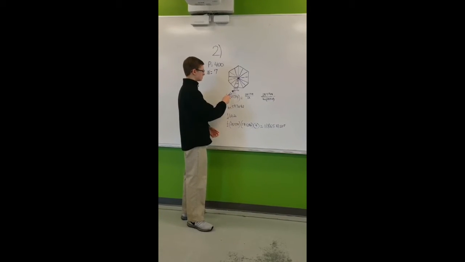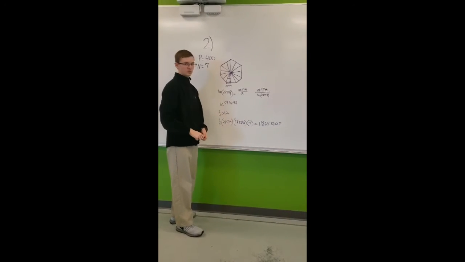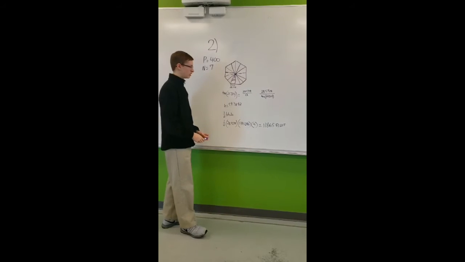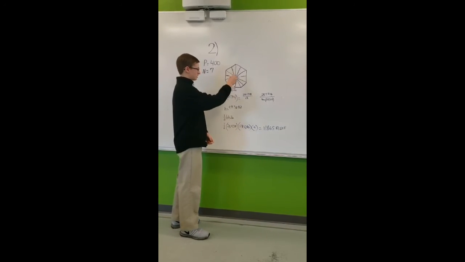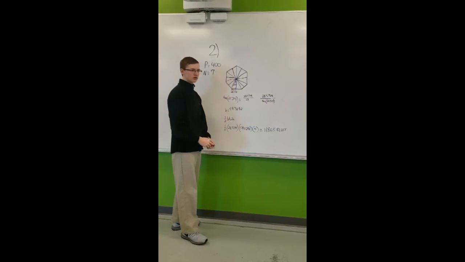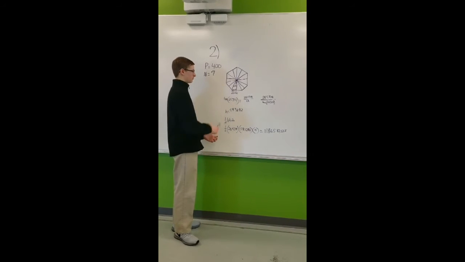For the base of the triangle, I did 400 divided by 14, and that was the base of one triangle. Then the center here is 360 degrees for a circle, and to get the degrees for one triangle, I did 360 divided by 14, which gave me about 25.714.